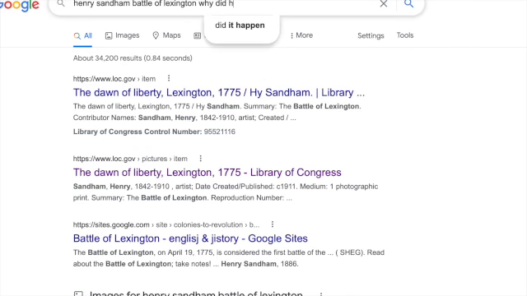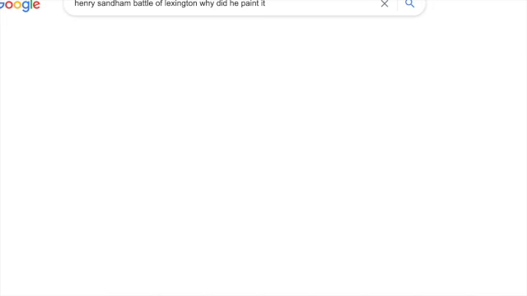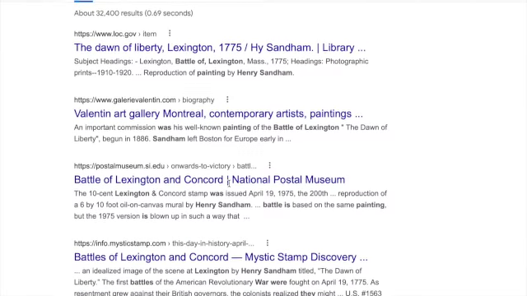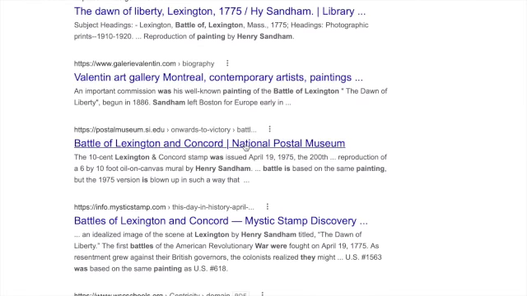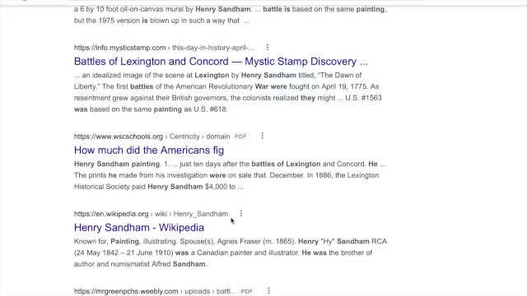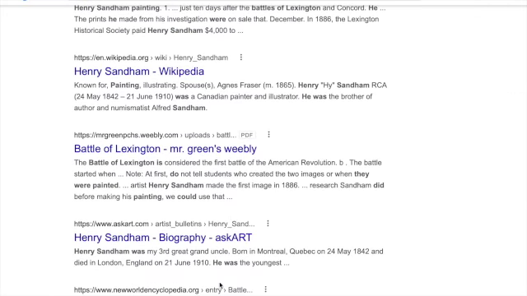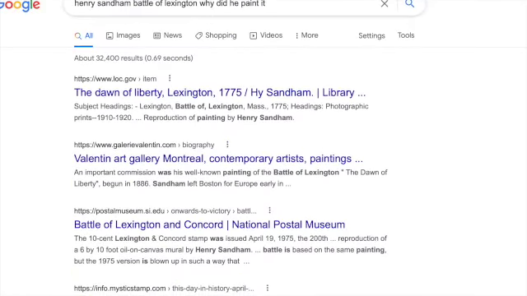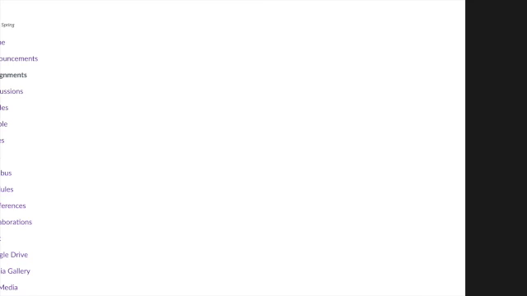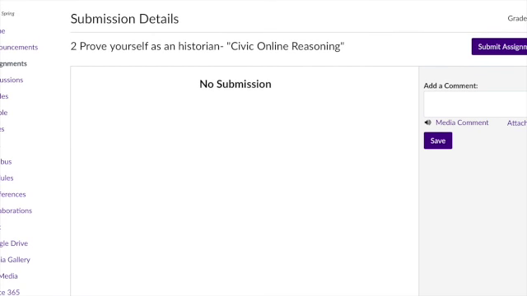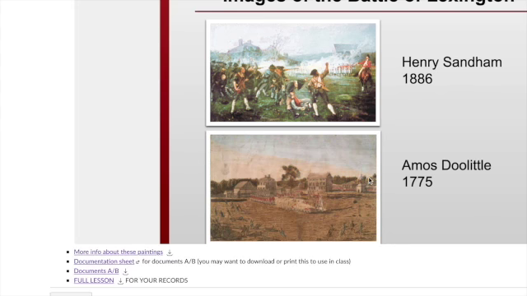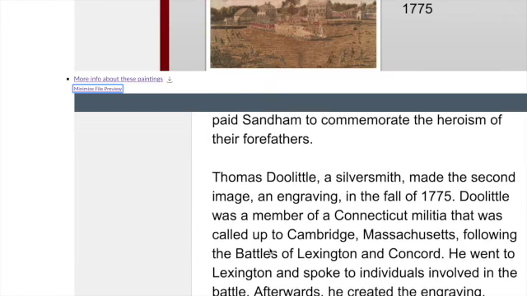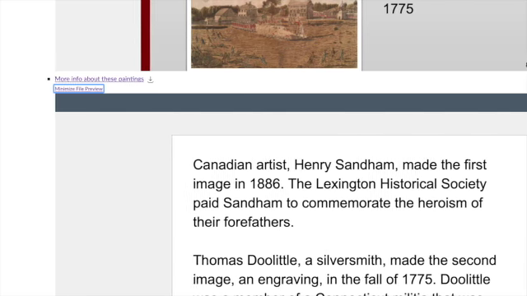Why did he paint it? Okay, so I don't remember again the exact group that commissioned it. Maybe I can find it. Let's try this. Here we go. Alright, here's our information that I was looking for.